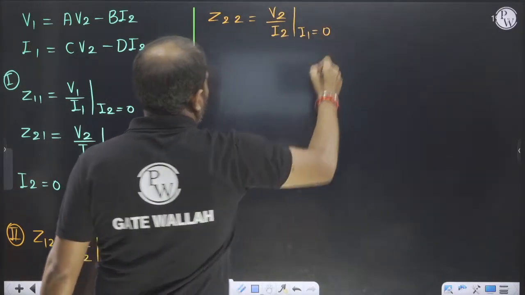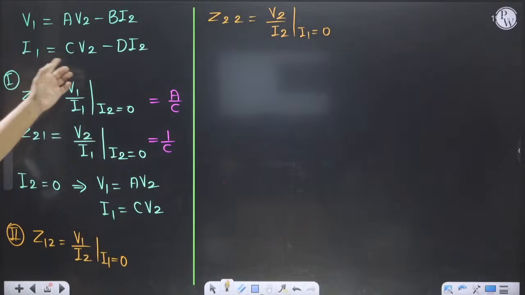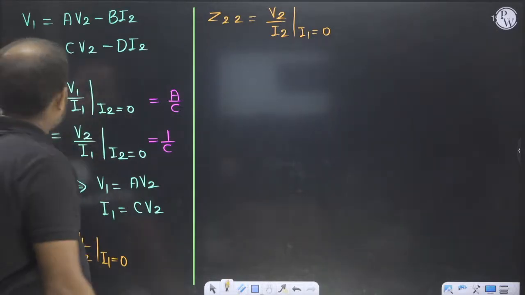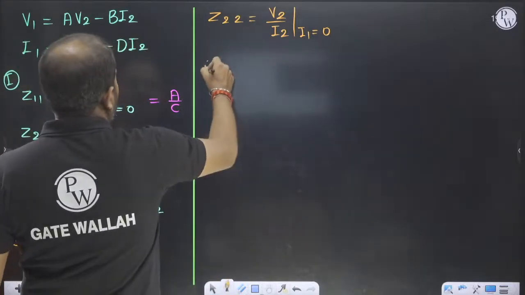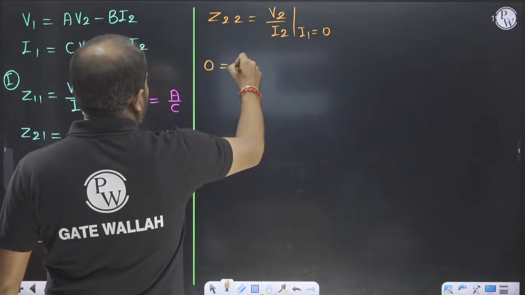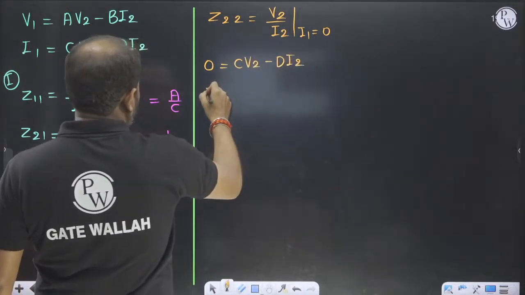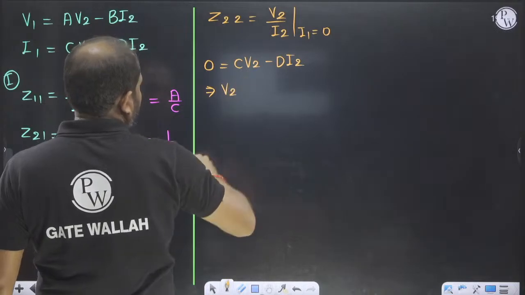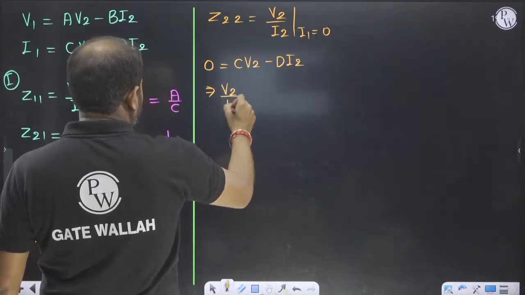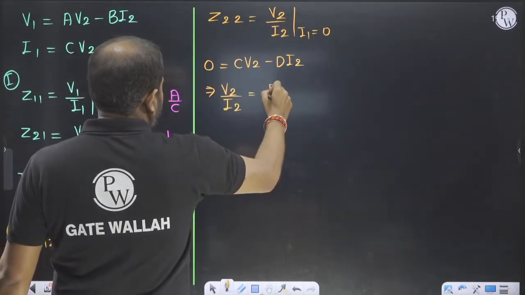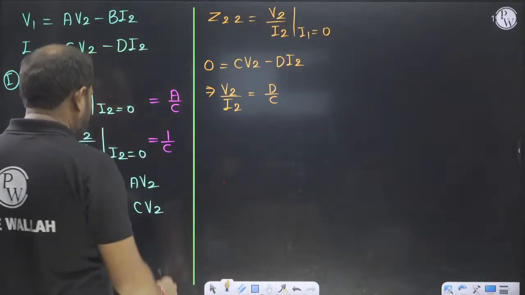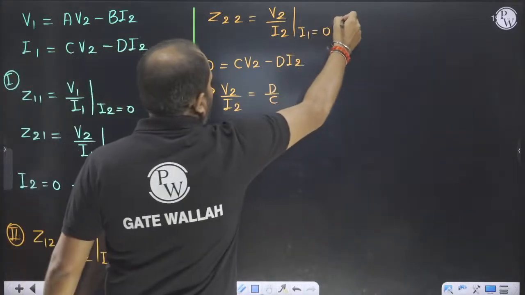I will make I1 equal to 0 in equation 2. So 0 equals C V2 minus D I2. So V2 by I2 is equal to D by C.